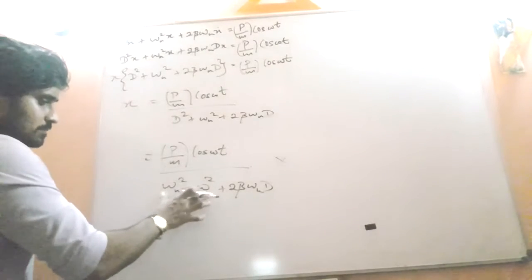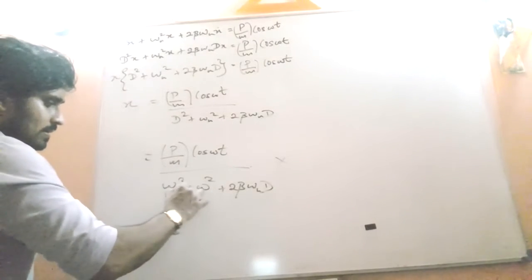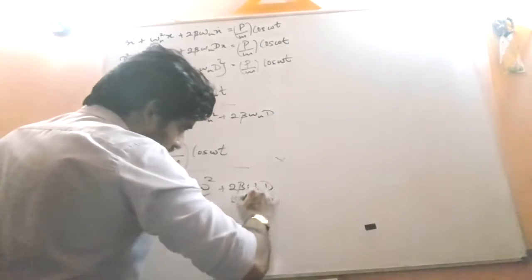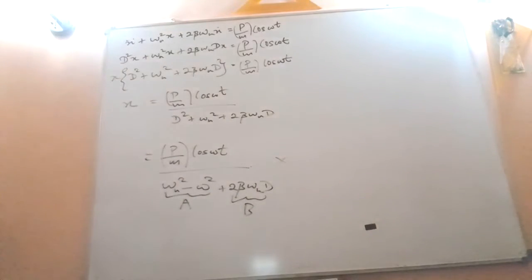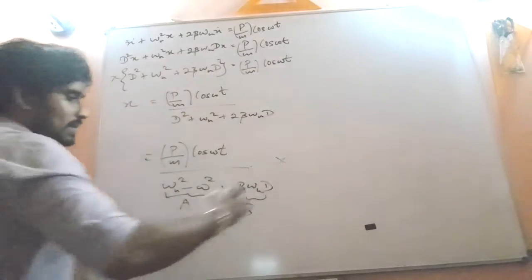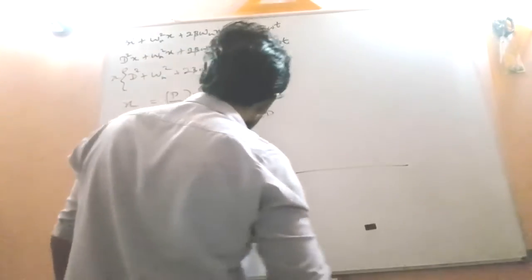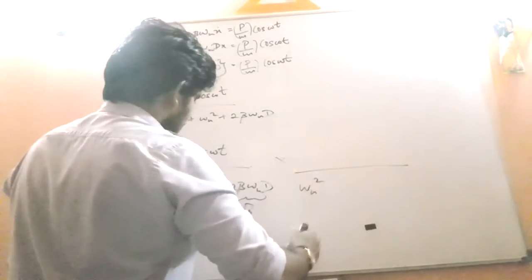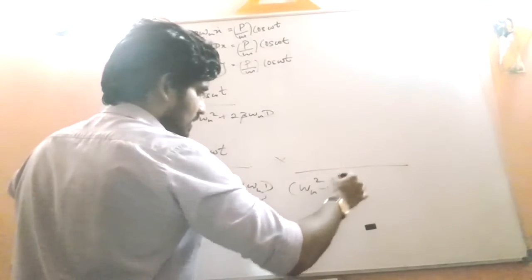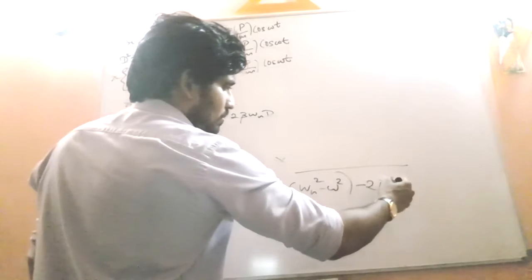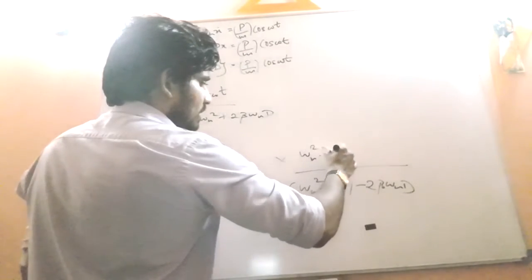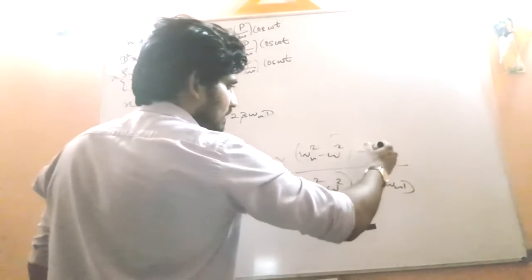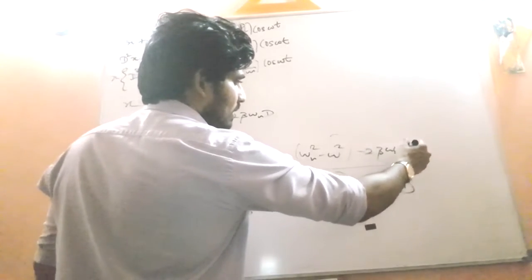If you consider this part as A and this part as B, the conjugate would be A minus B. So it would be omega n squared minus omega squared minus 2 beta omega n D.